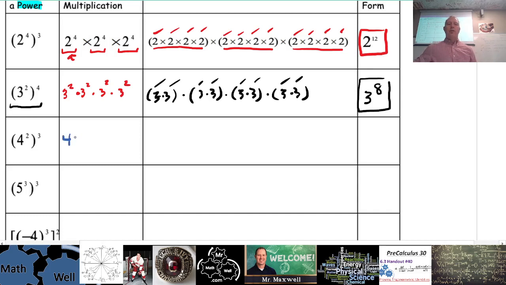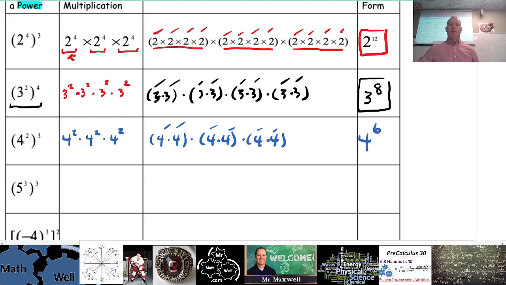This is 4 squared times 4 squared times 4 squared. I'm going to go a little bit quicker now. 4 times 4 times 4 times 4 times 4 times 4. How many 4's do I have? 1, 2, 3, 4, 5, 6. That's right, so that's 4 to the power of 6.